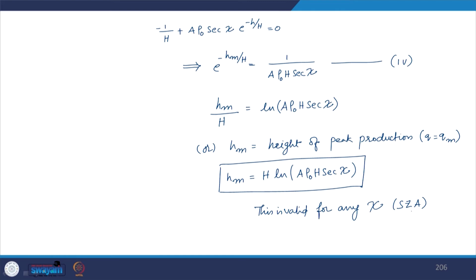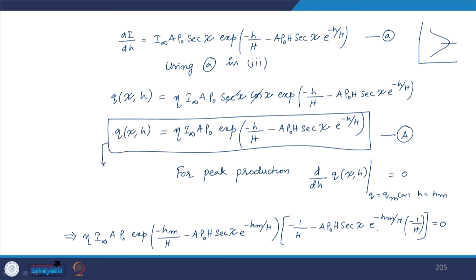And we can see clearly that the peak production height hm is independent of the magnitude of I infinity.